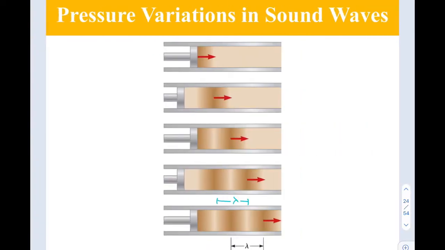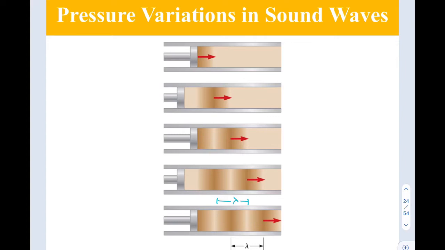If we produce a certain vibration or motion of the piston itself, to the left, to the right, to the left, to the right, the air within the column is going to have a series of pulses, alternating between compression region, rarefaction region, and compression region and rarefaction region all over again.